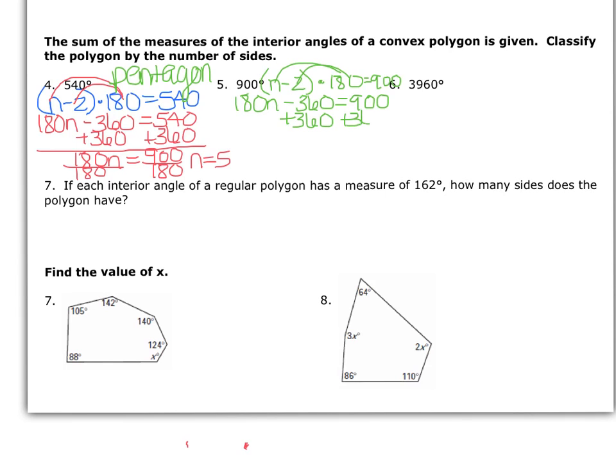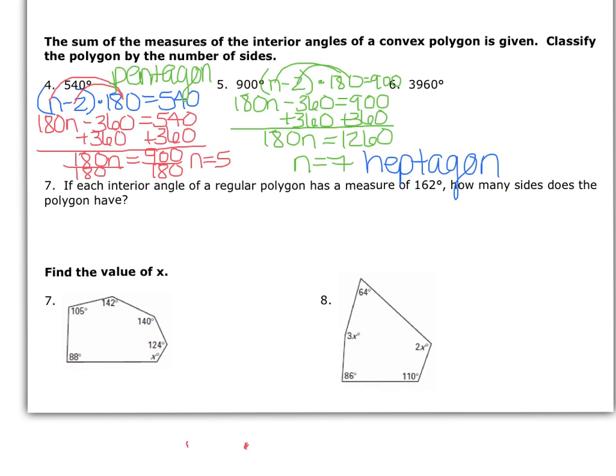Add 360 to each side. So 180n is equal to 1260. Now we're going to divide 1260 by 180, and we're going to get 7. So a 7-sided convex polygon is called a heptagon.